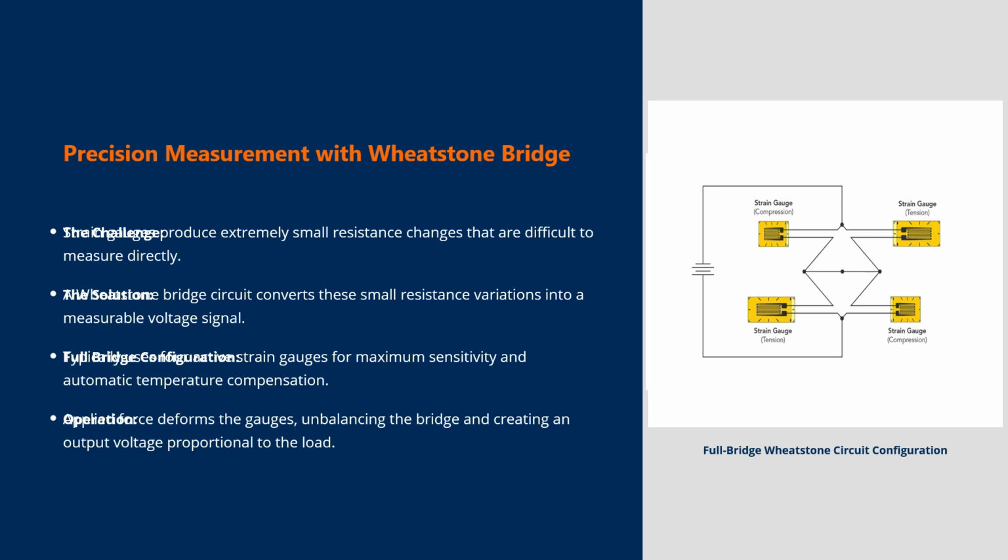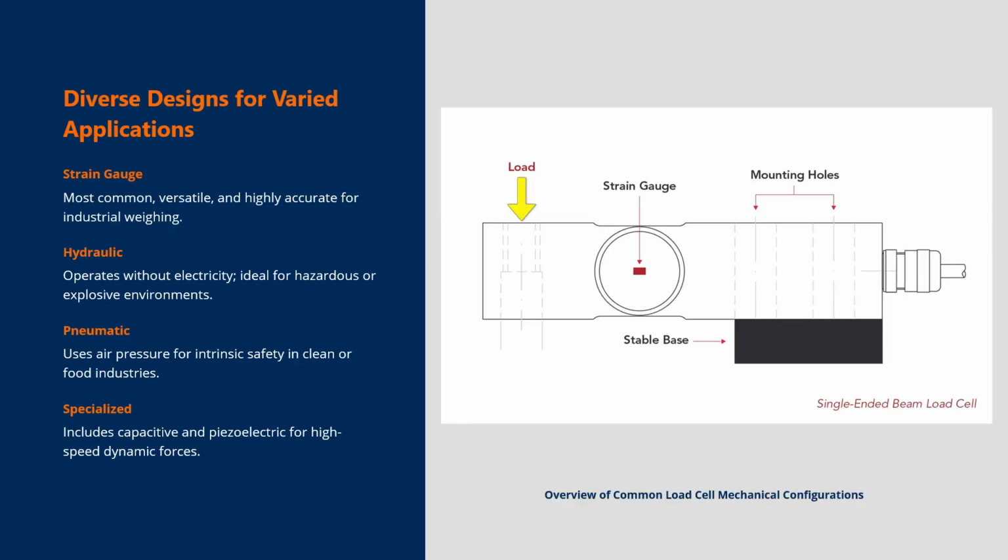Types of load cells. There are several types of load cells designed for different applications. The most widely used type is the strain gauge load cell, which offers high accuracy and reliability. Another type is the hydraulic load cell, which measures force using fluid pressure. These load cells are often used in hazardous environments where electrical sensors may not be safe.